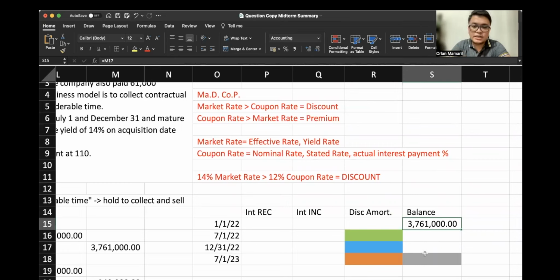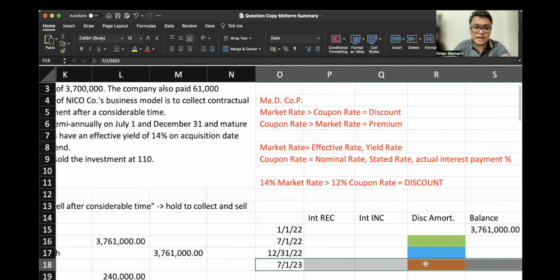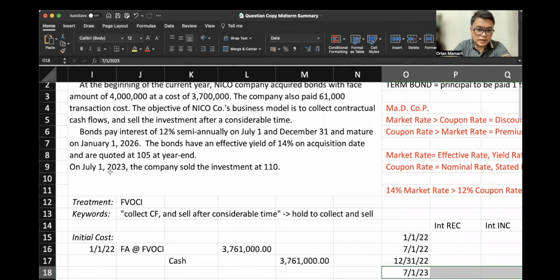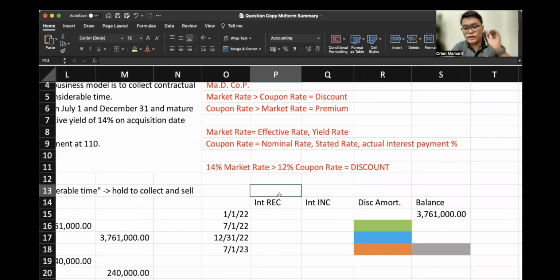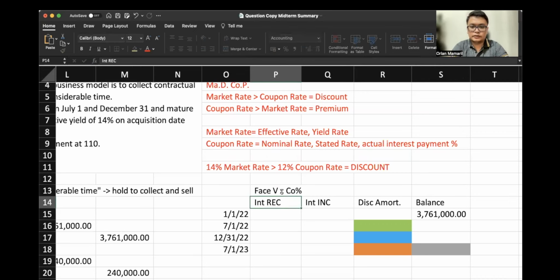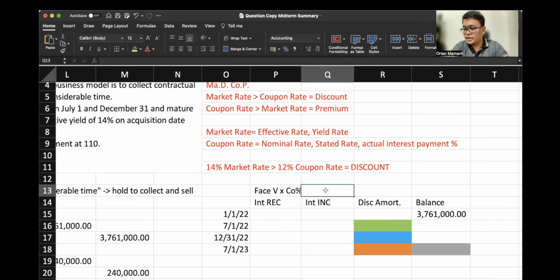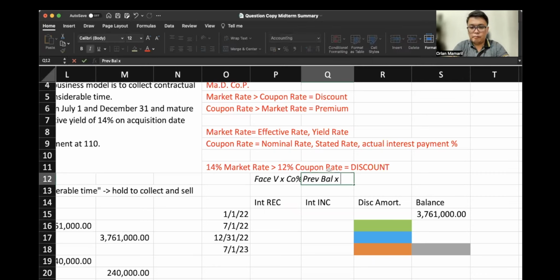But for now, let's complete our amortization table up to the point of the date of sale because we have sold it on July 1, 2023. And so, our interest received will always have a formula of face value multiplied by coupon rate. While for interest income, it would always be the previous balance multiplied by the market rate.